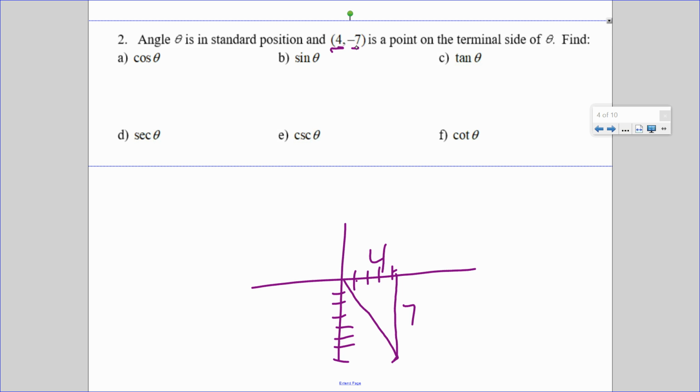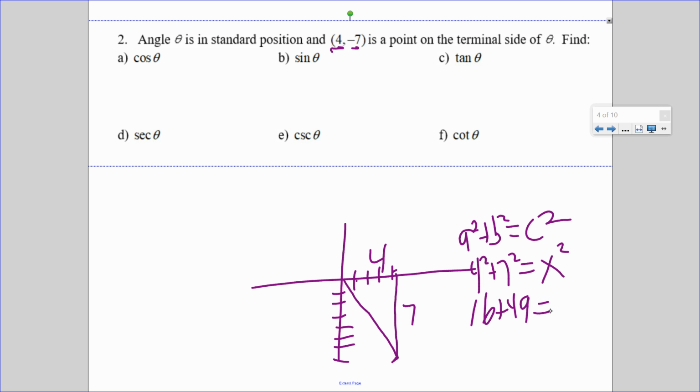Now, to find the third side, is this a Pythagorean triple? No. So I'm going to do a squared plus b squared equals c squared. 4 squared plus 7 squared equals x squared. 16 plus 49 equals x squared. 65 equals x squared. x equals radical 65.